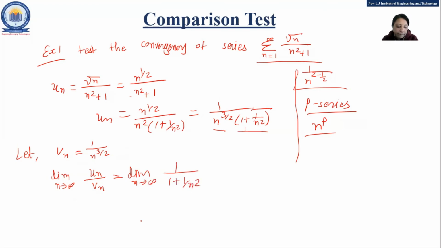Now apply the limit. So 1 upon 1 plus 1 upon n square.